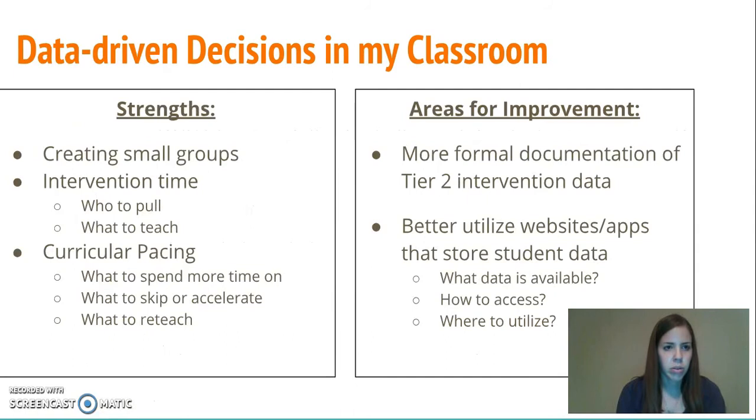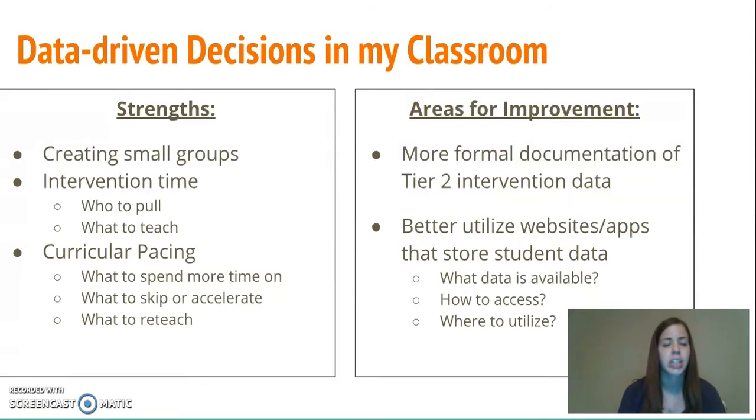In my classroom, I have a couple strengths and a couple areas of improvement that I think I could work on. My strengths would be using data to create small groups, using data to decide who and what I'm going to teach during my intervention time, and using it to do my curricular pacing of what I need to spend more or less time on with the curriculum. Some areas for improvement, I think I could use some more formal documentation of Tier 2 intervention data in my classroom.